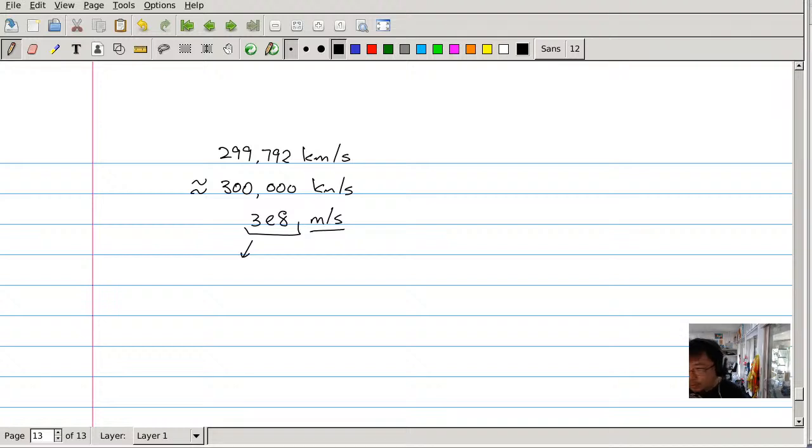One page just says this part here is called the digits. And the E means times 10 to the power of, and this 8 is that. So when we read this entire thing, it means 3 times 10 to the power of 8.